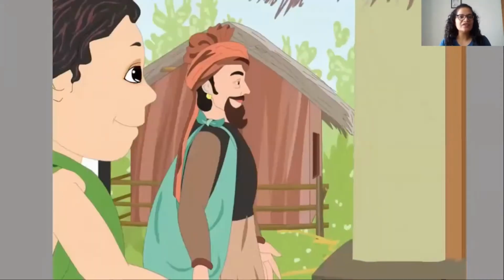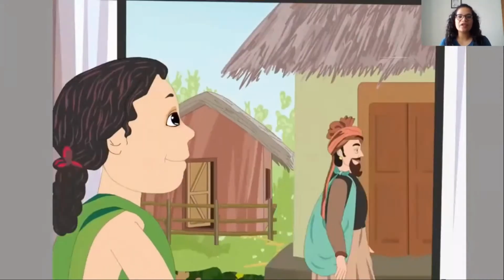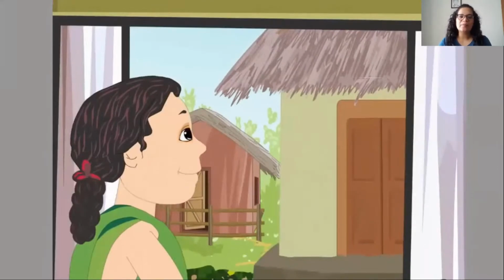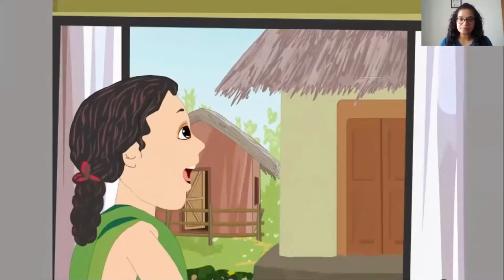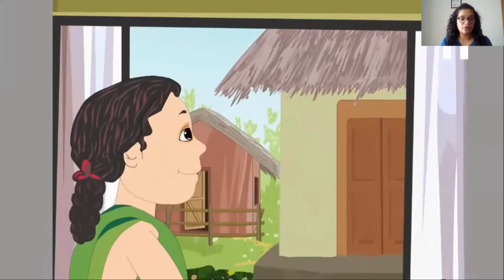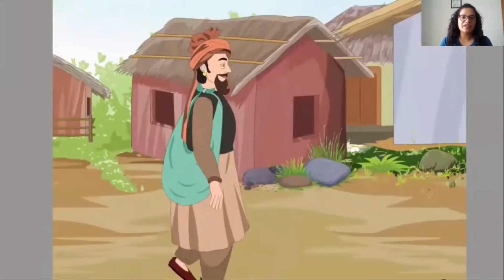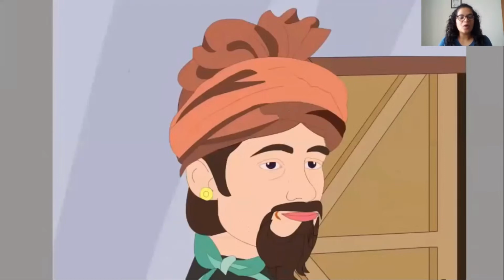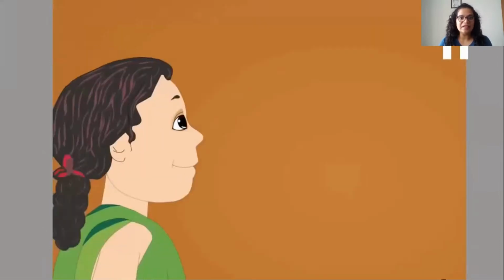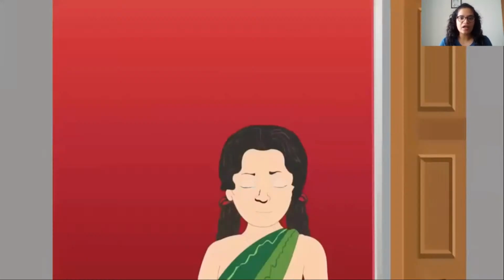Before that, she ran to the window and started shouting, "Oh Kabuliwala, oh Kabuliwala." She kept shouting again and again. The Kabuliwala turned and saw Minnie, and Minnie just ran and hid in a corner of the house.